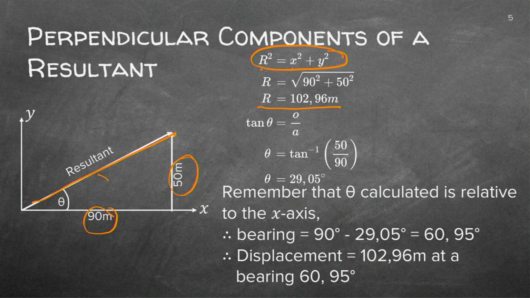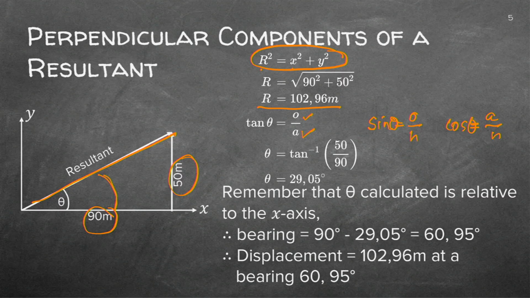The angle there I can do with either of the sides. I can do it with tan, which is the opposite over the adjacent. But I could also use sine, which is the opposite over the hypotenuse, or cos, which is the adjacent over the hypotenuse. And then you find your angle.